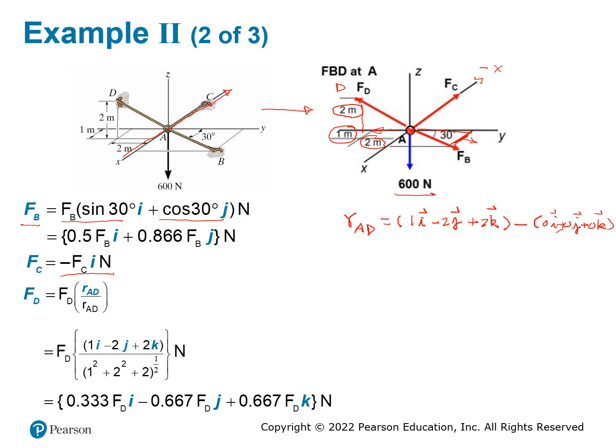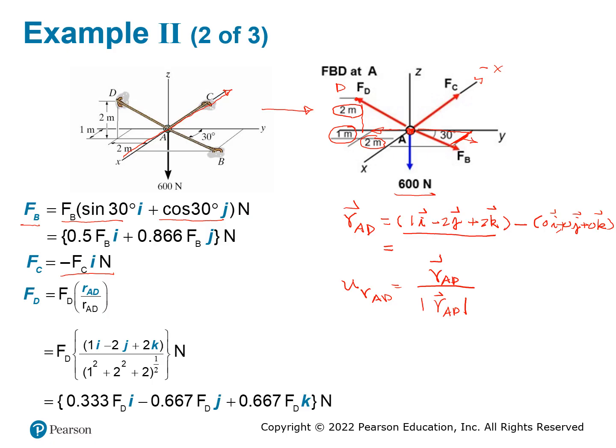Right? And therefore, your R position vector is going to be just this one here. And we can find the unit vector of R AD by using the RAD vector divided by the magnitude of the RAD. How do we find the magnitude?